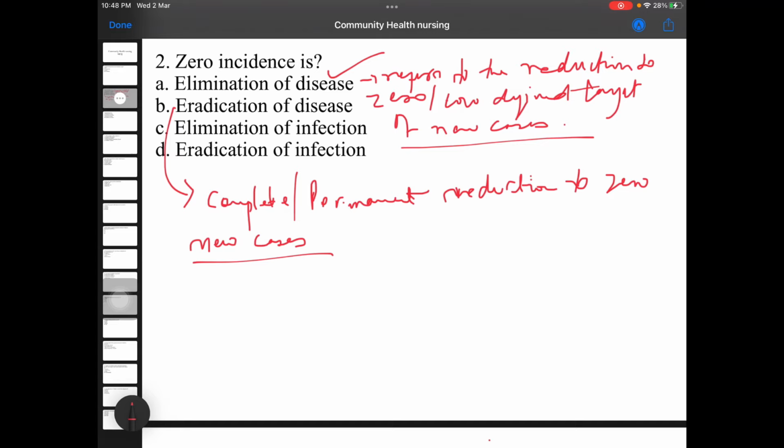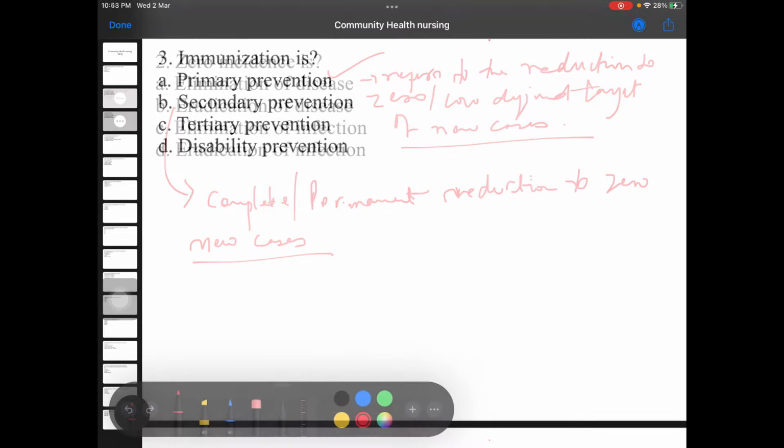So if the disease has been eradicated, no further control measures are required. Unlike elimination of disease, where control measures should be carried out to prevent re-establishment of disease transmission.